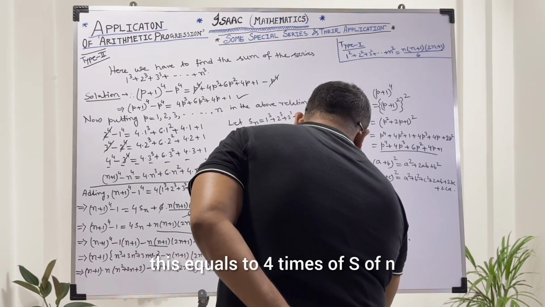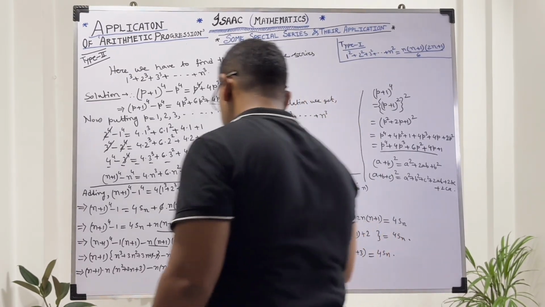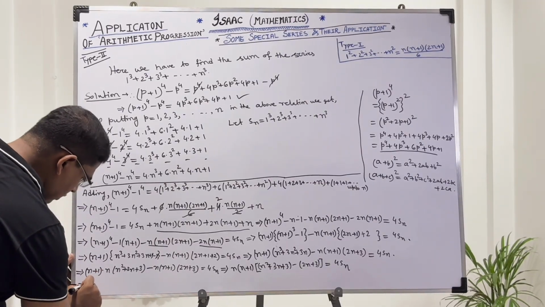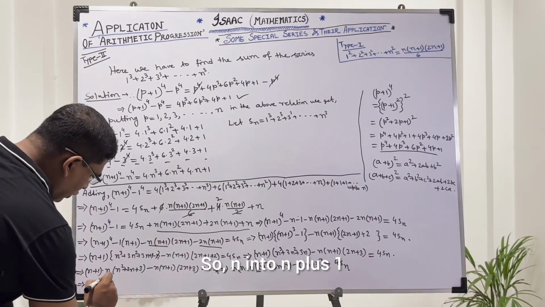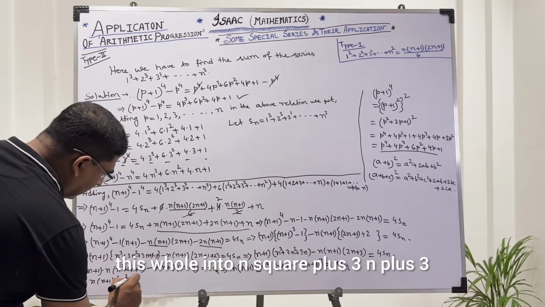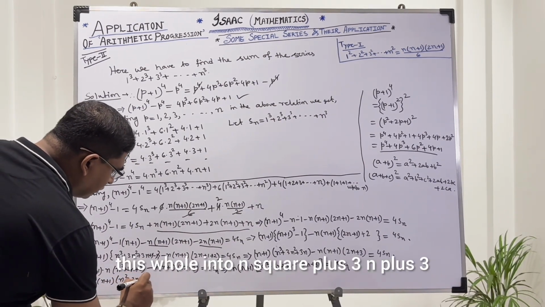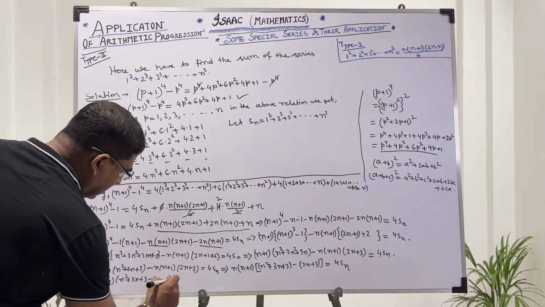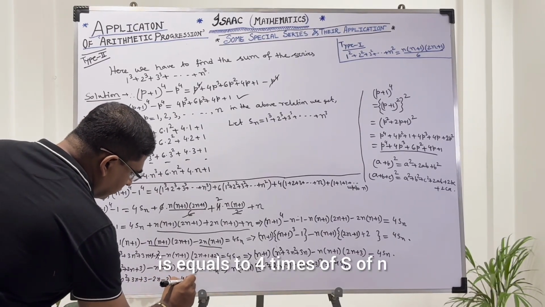This equals to 4 times of S of n. So, n into (n plus 1) whole into (n square plus 3n plus 3 minus 2n minus 3) is equal to 4 times of S of n.